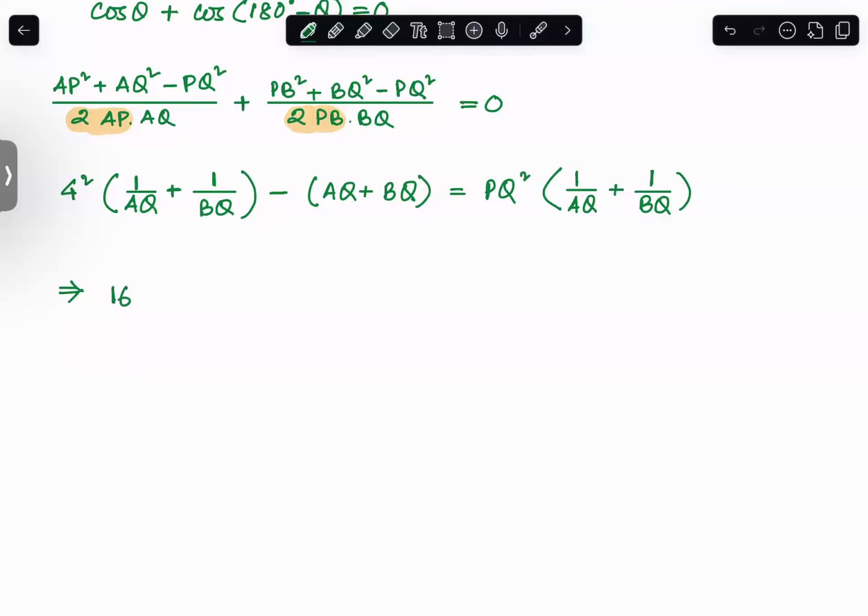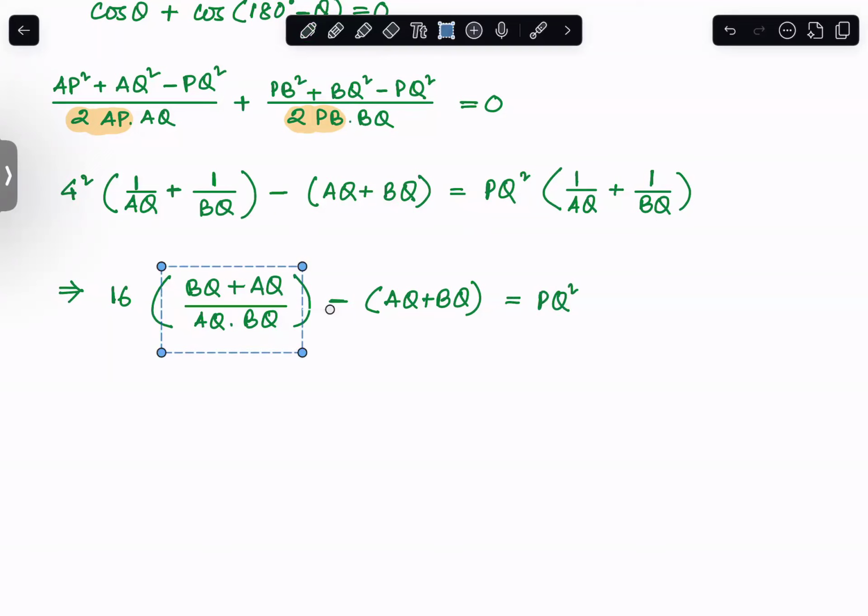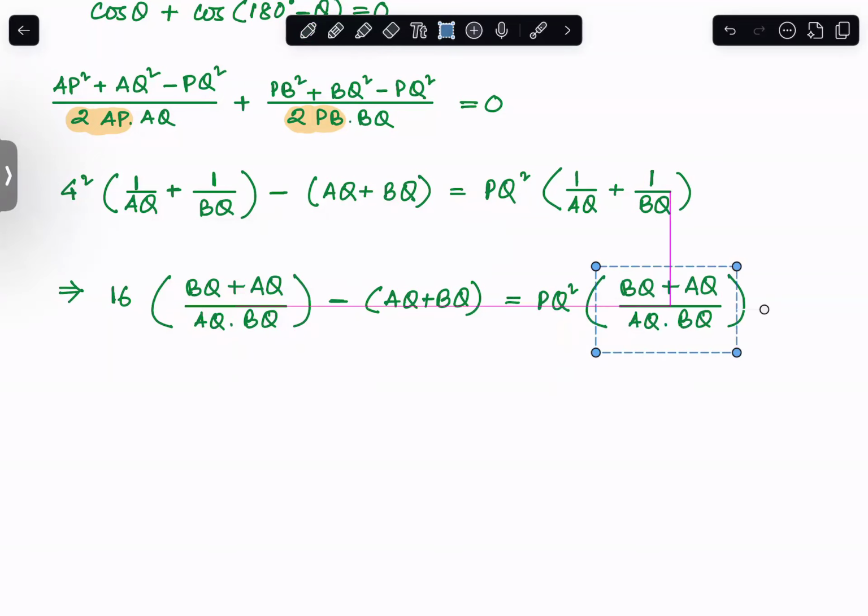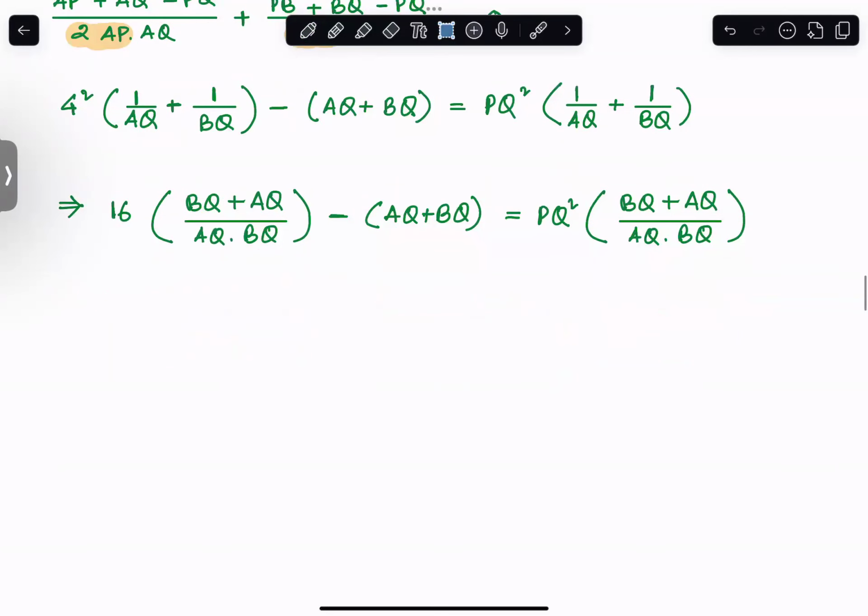So that's 16 into BQ plus AQ by AQ into BQ minus AQ plus BQ, that's PQ square. Is it done?